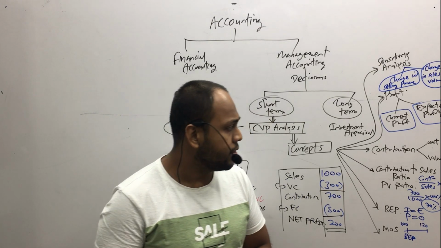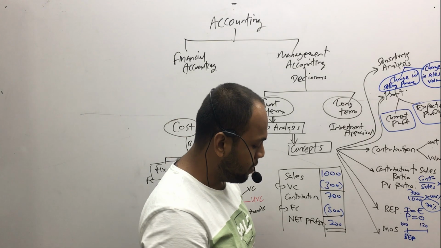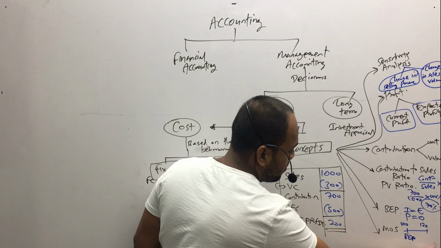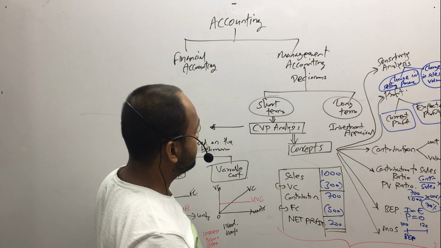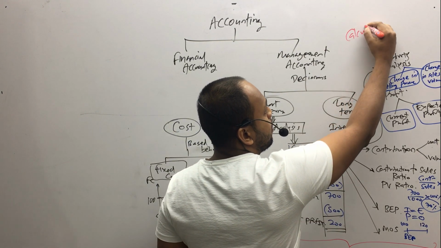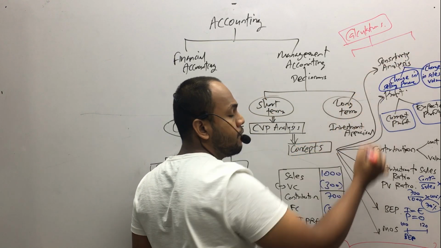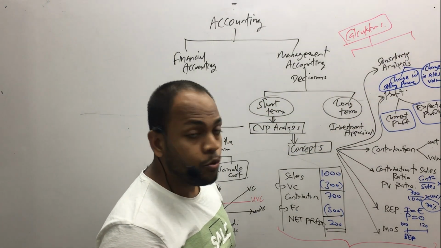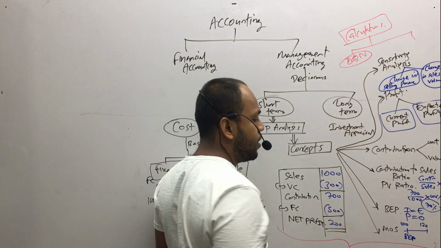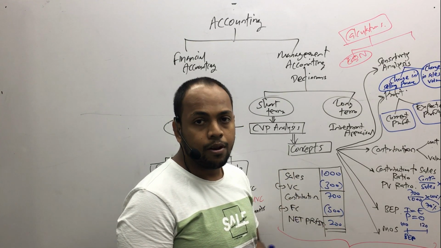There are different methods. When you are doing these calculations, you can use two methods. One is the equation. For example, contribution equals sales minus variable cost.